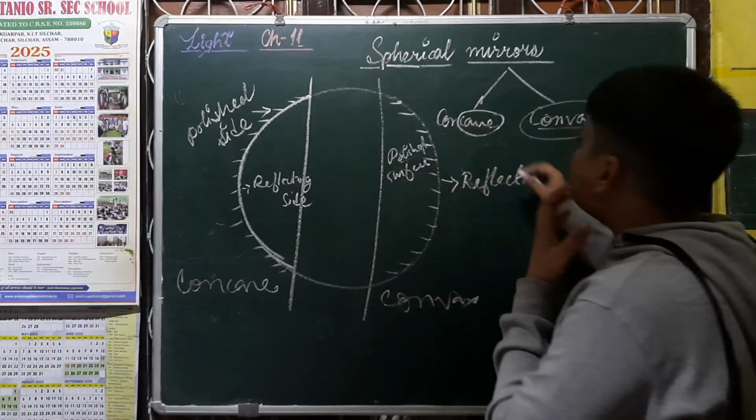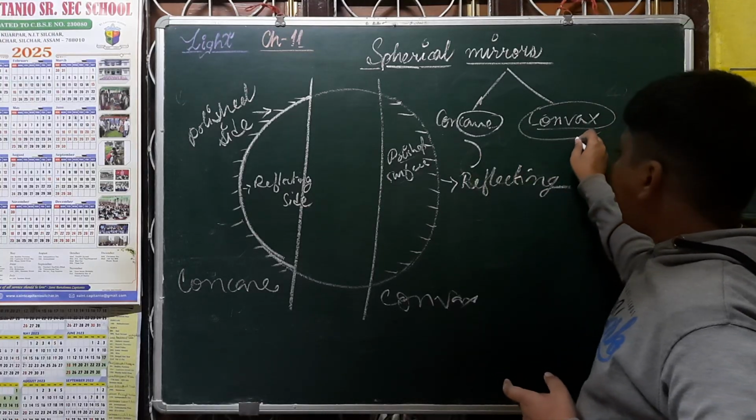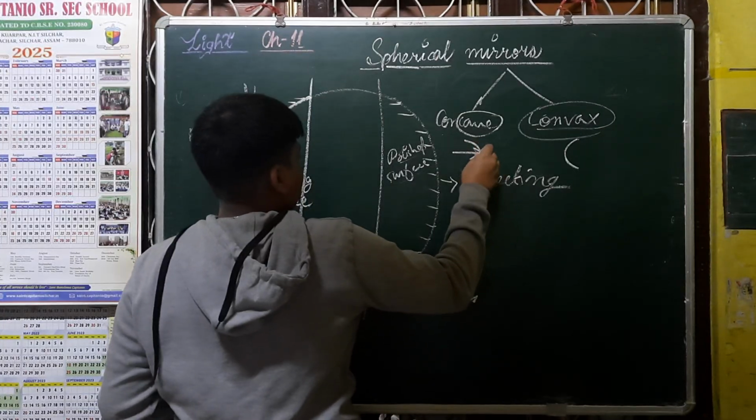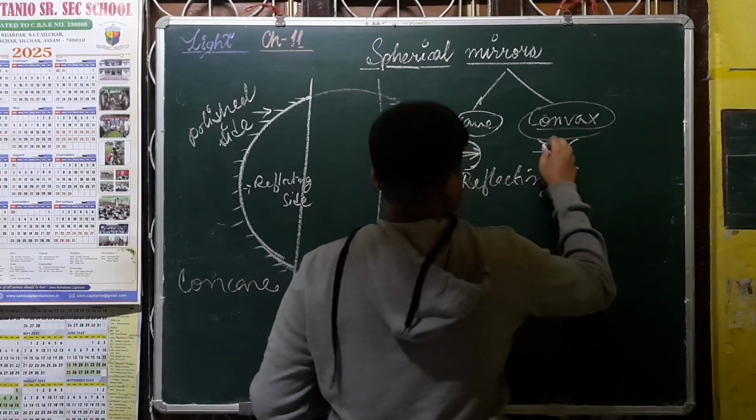So these mirrors are represented as this and this. Here the reflecting surface is this one. Here the reflecting surface is this one.